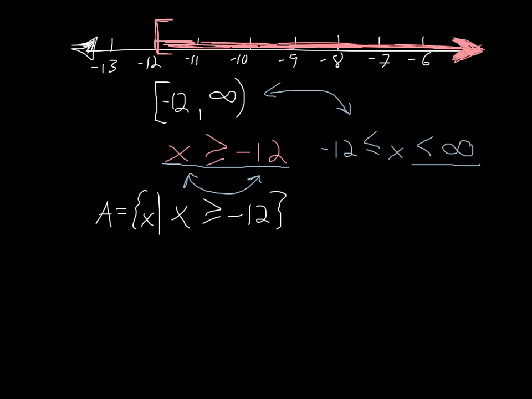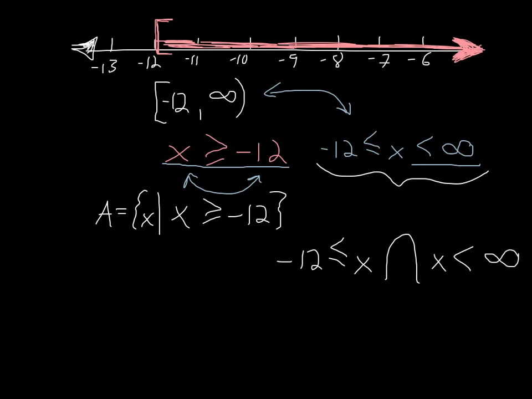If we really want to be pedantic about it, we can write this as an intersection using the big compound notation over here. We can say negative 12 is less than or equal to x, the intersection of x being less than infinity. And that is all 5 of our notations.